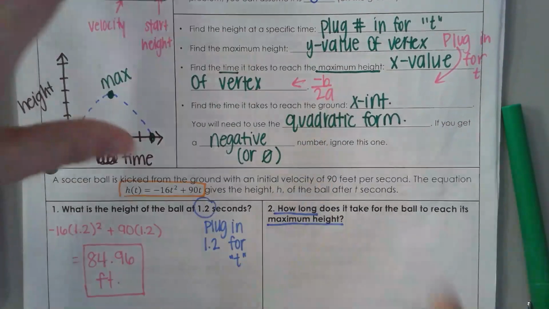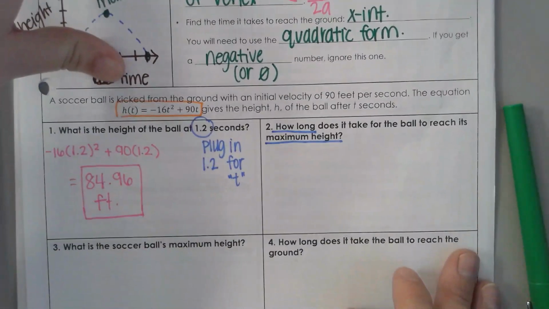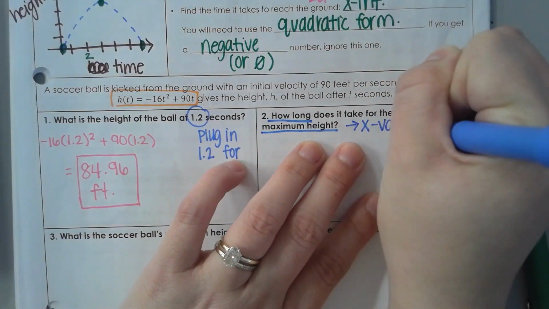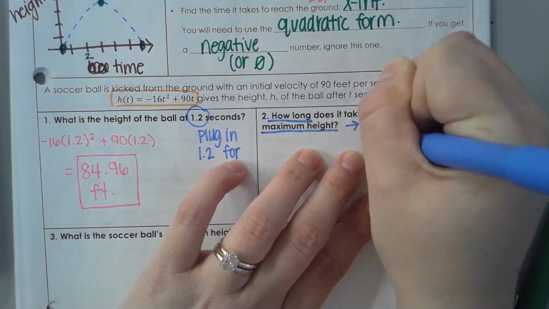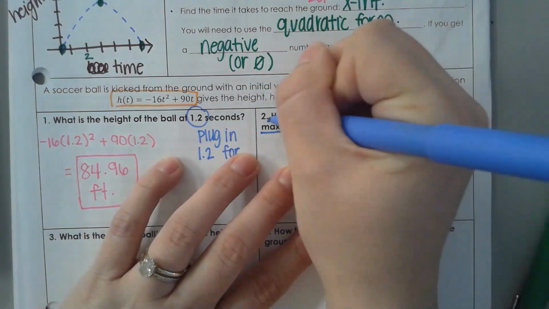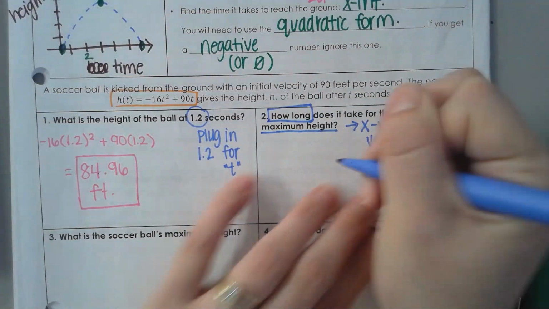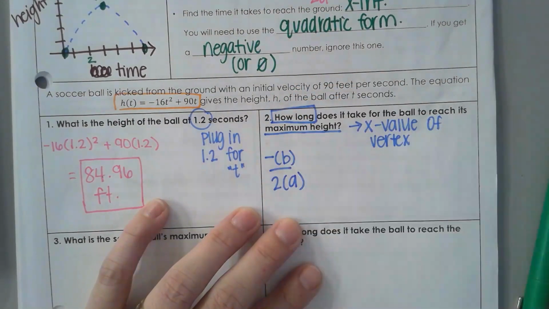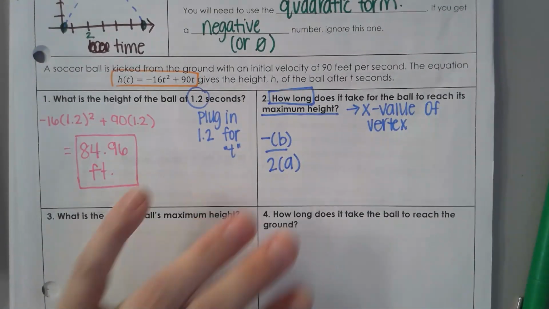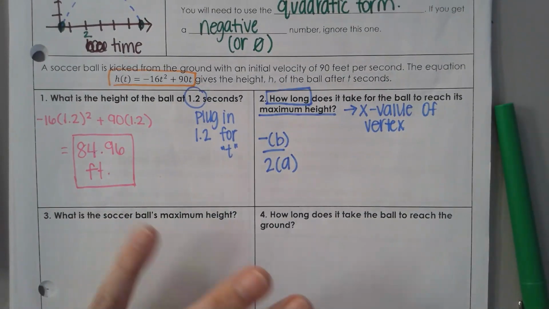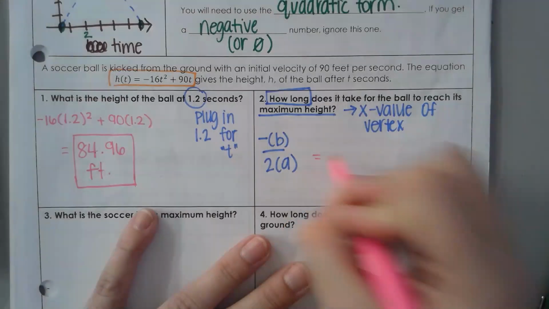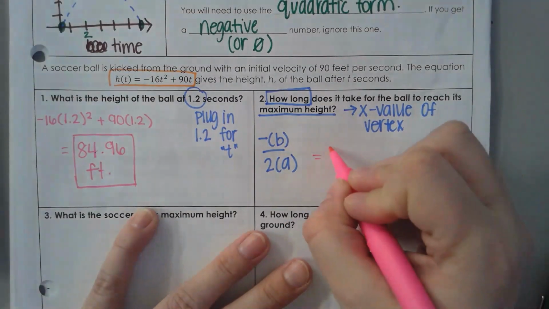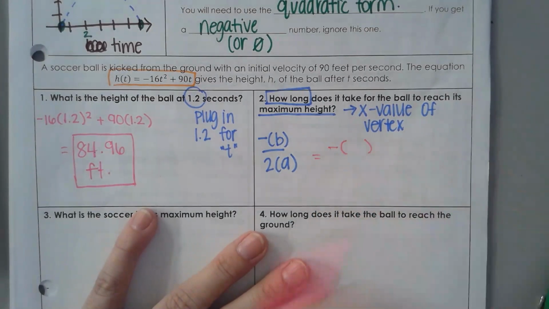So we have to do the negative b over 2a.